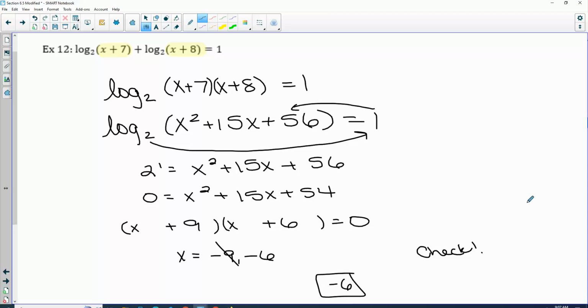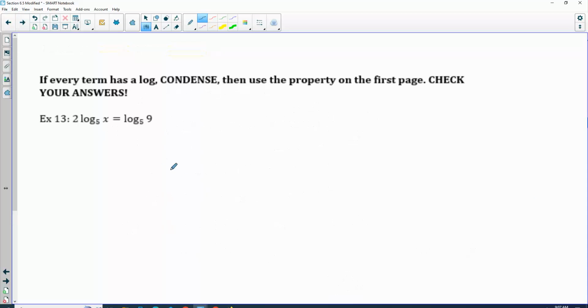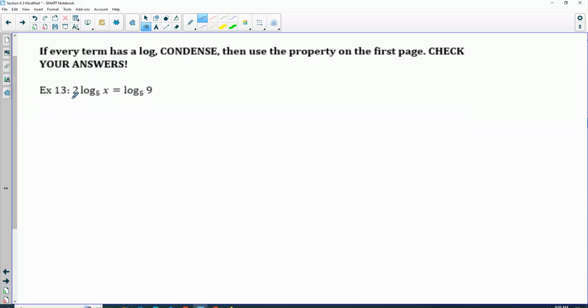The other situation we might have is when everything in the equation has a log. And so when I look at this, I see I have two terms. Both of them have logs in them. So while you could certainly try to get them together and then change to exponential, there's actually an easier option in this case.